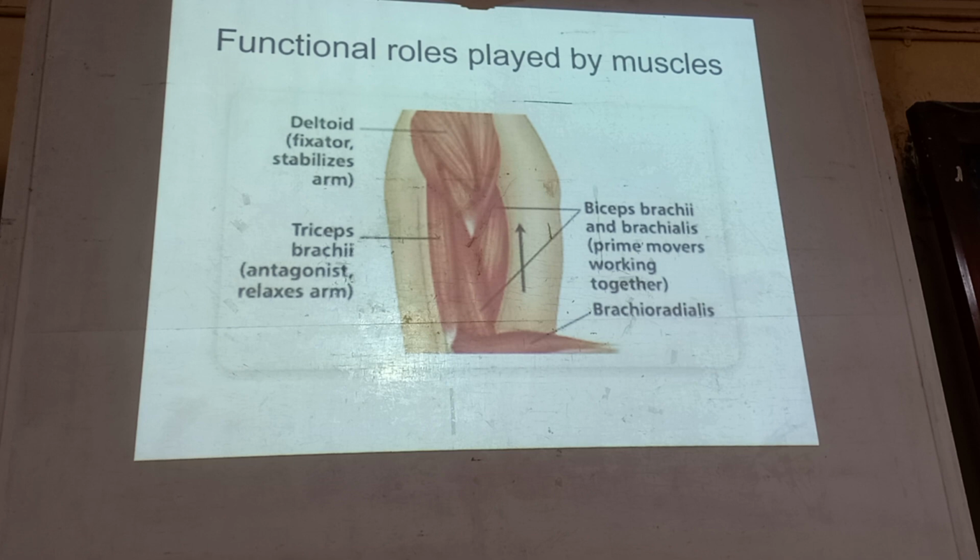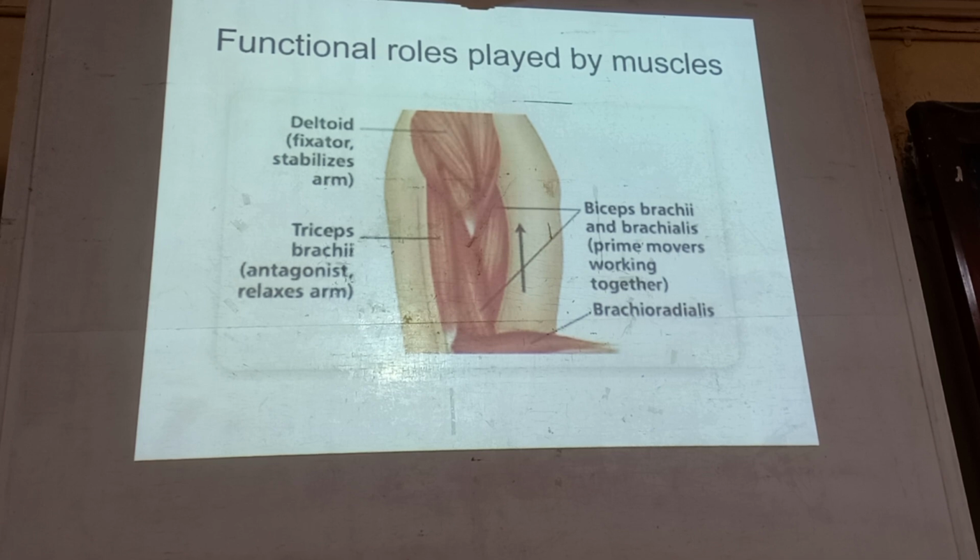When biceps and triceps are contracting for elbow and radioulnar movement, forearm movement, you want to make sure that one attachment of the muscle is fixed. You want to make sure that the shoulder joint does not move. Your desired movement is at the elbow joint. You don't want the shoulder joint to move. The deltoid muscle keeps the shoulder joint stiff.